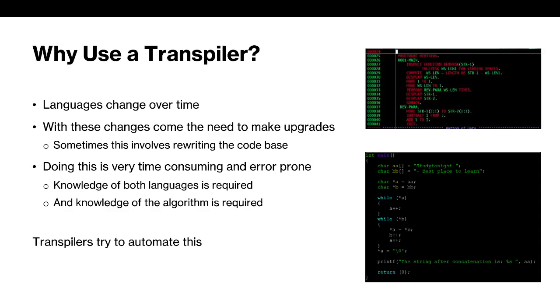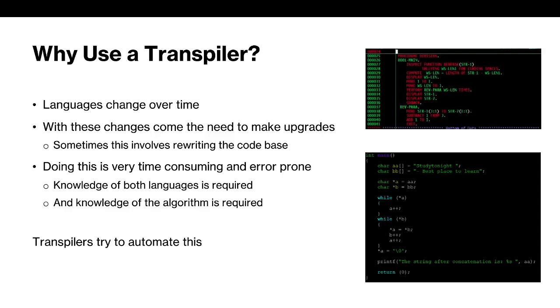So why would you want to use this? Languages change over time, and with these changes comes the need to make upgrades. For example, a lot of legacy code is written in really old languages like COBOL and Fortran. However, doing this is very time consuming and error prone.